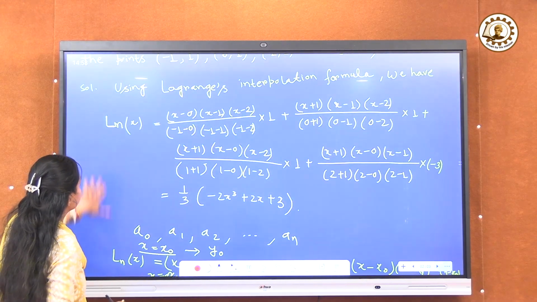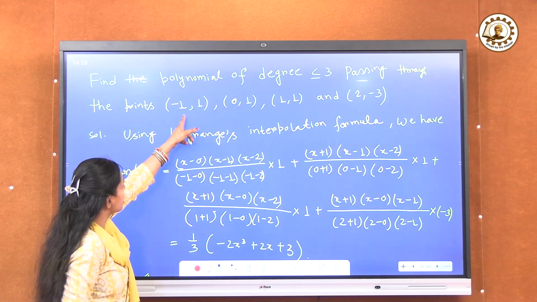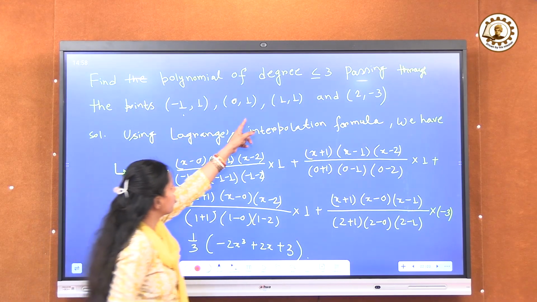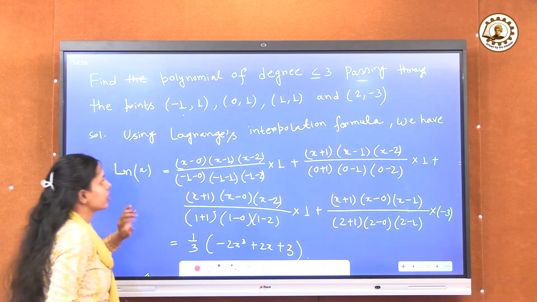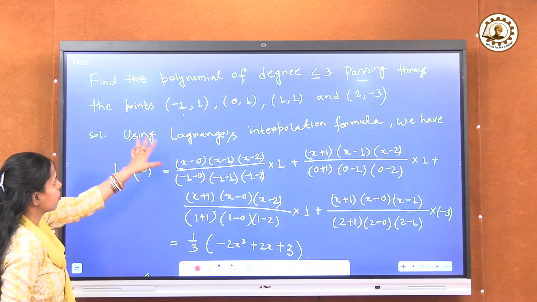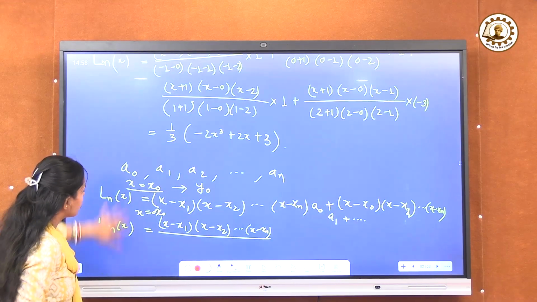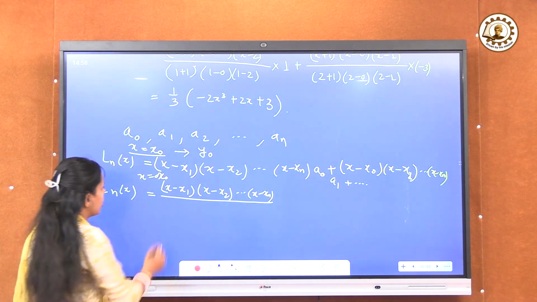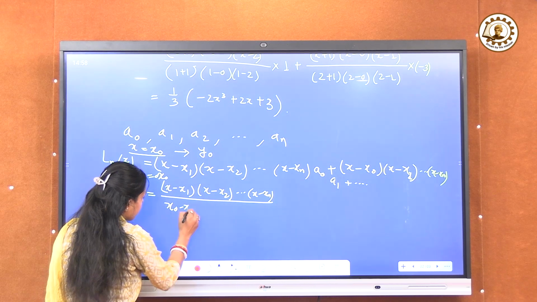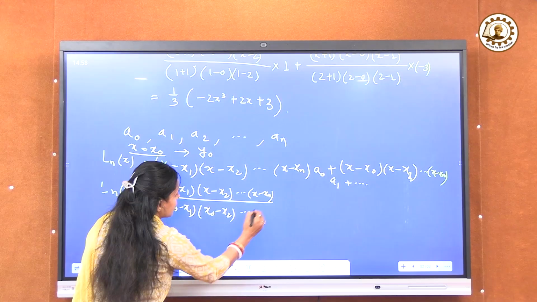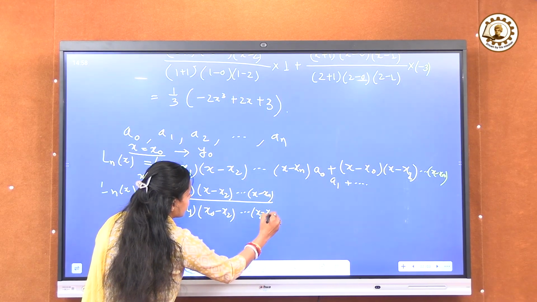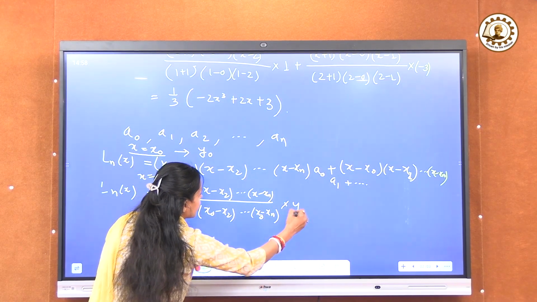First our points are (x0, y0), (x1, y1), (x2, y2), (x3, y3). Here if 3 points are given, we get a polynomial of degree less than or equal to 3. So here we apply the nth formula. First (x minus x1), (x0 minus x2) up to (x0 minus xn) times y0.